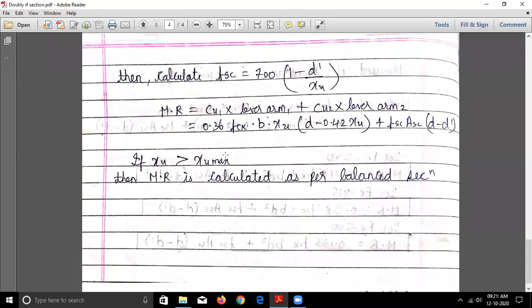So with this, we have just finished the theory part of the doubly reinforced section. Now we can start with the numericals. If you have any doubt, you can ask me, and take down these equations so that we can start with the numericals. Sir, start from the beginning.